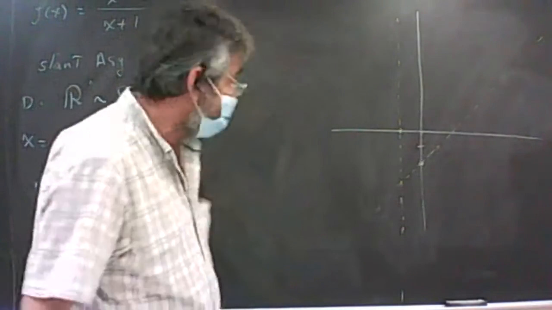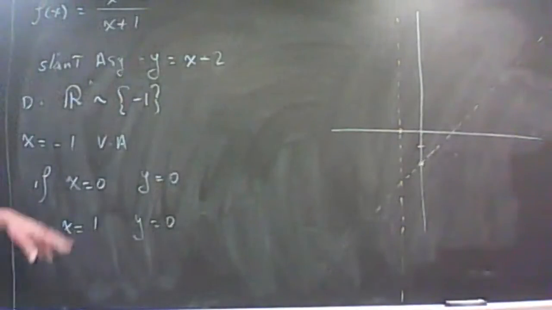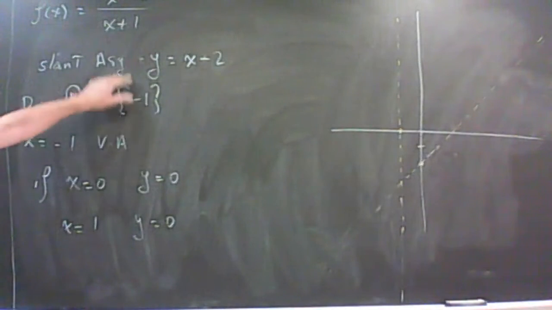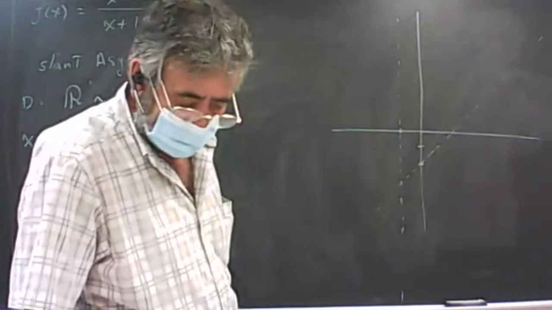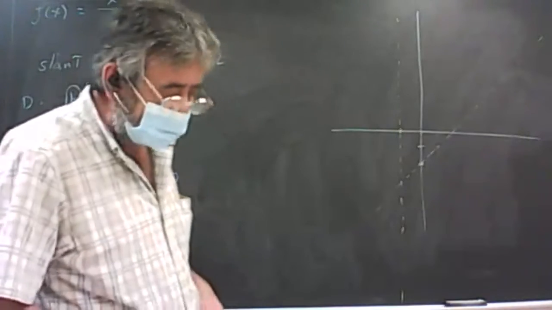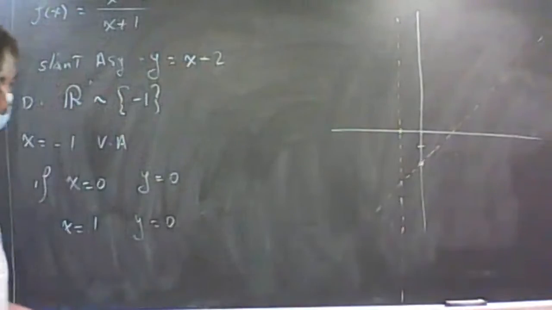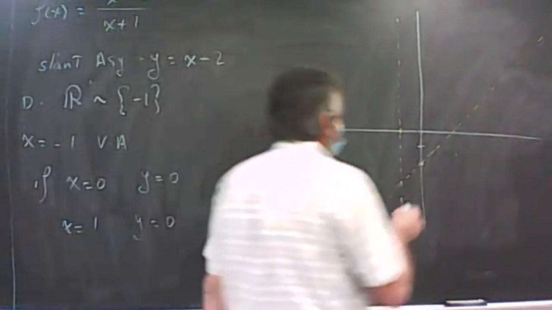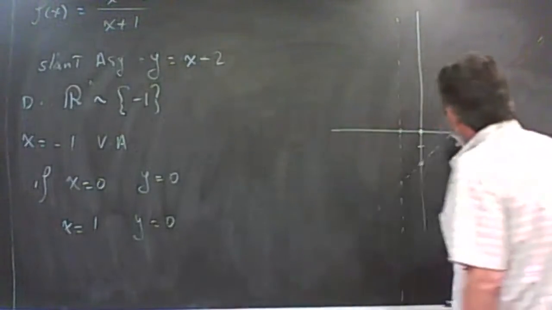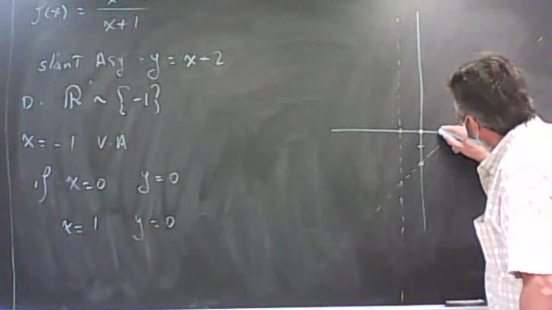But then again, was that +1 or -1? Oh, +1. That's fine. Again, for x equal 1, y equal also what? 0. So we know the graph is going to go through this point and this point over here.